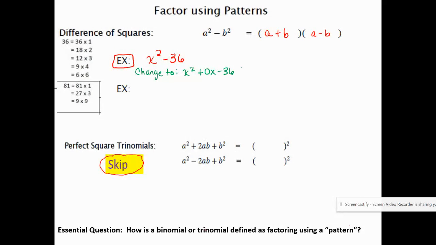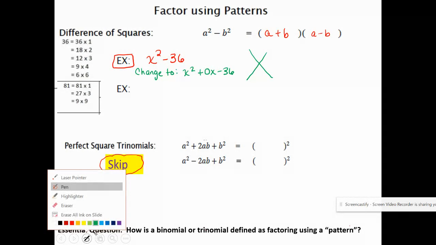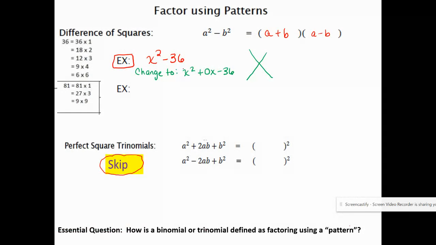So you're going to think this: x squared plus 0x minus 36 for your magic x. Remember, you multiply the front and the back, and there's a hidden 1 right there. So what multiplies to negative 36 and adds to the middle 0? You can look over here in our little chart.